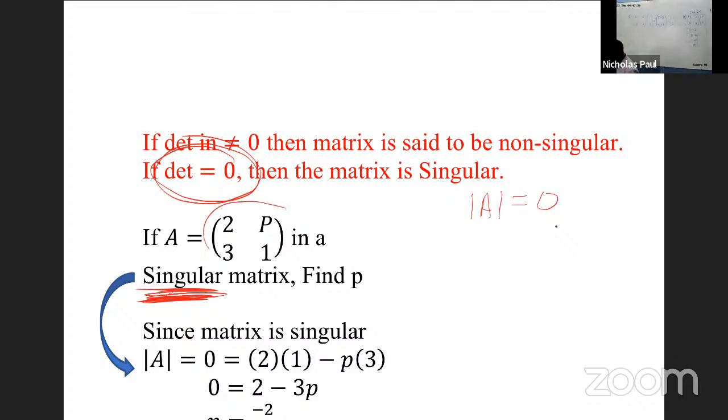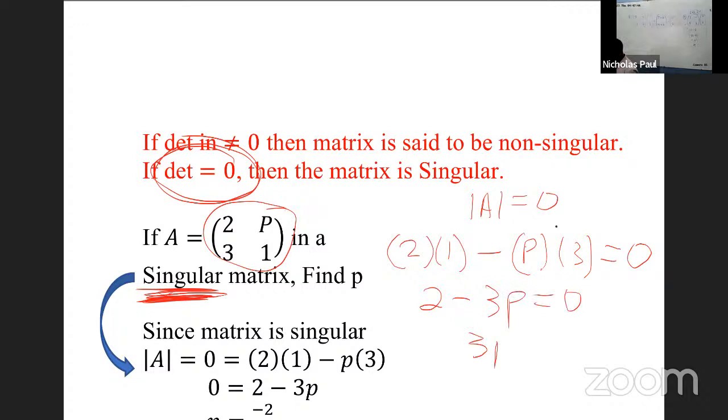So if I find the determinant here, 2 multiplied by minus, right? So that's equal to 0. So 2 minus 3p is 0. 3p is equal to 2. P is equal to 2 over 3. Are you okay with that?